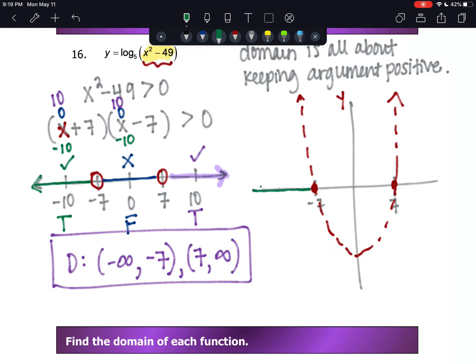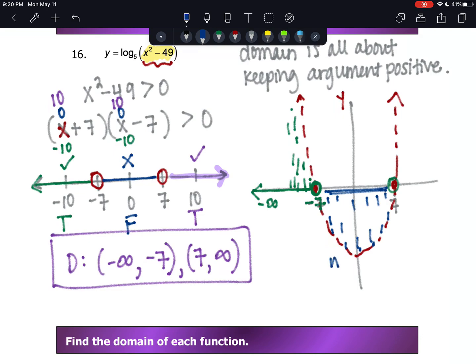Well, anything from -infinity to -7 is going to give us positive outputs. So -infinity to -7 works. But when I put a -7 in, I get a 0 out, and zeros are not allowed to be the argument. Now, anything in between -7 to 7 doesn't work because I get negative outputs.